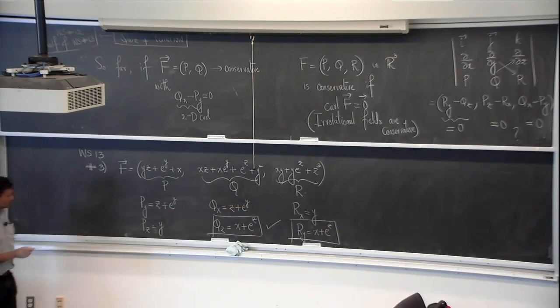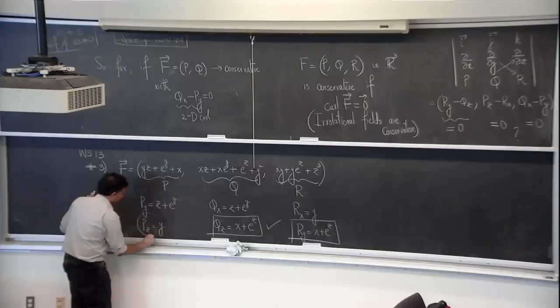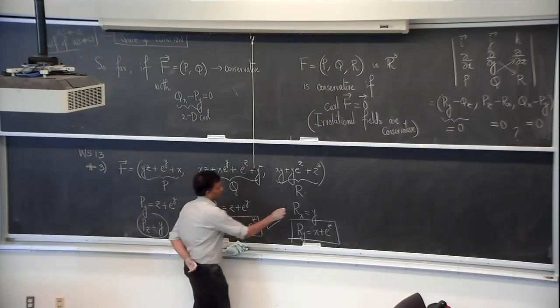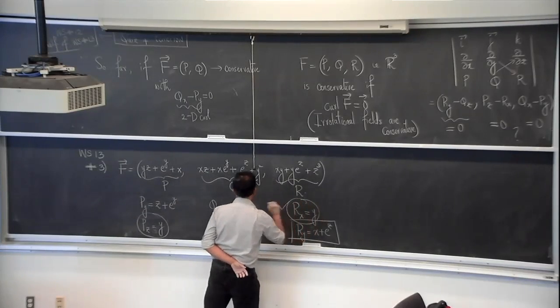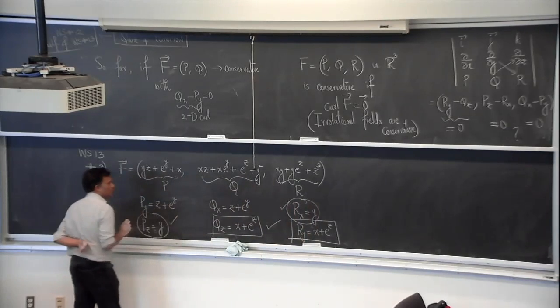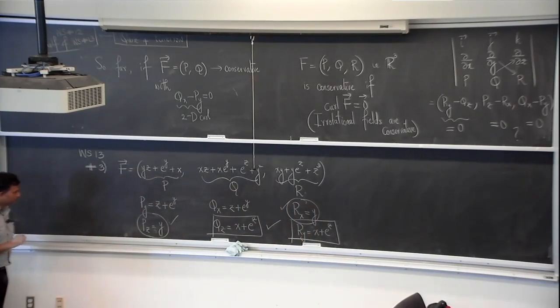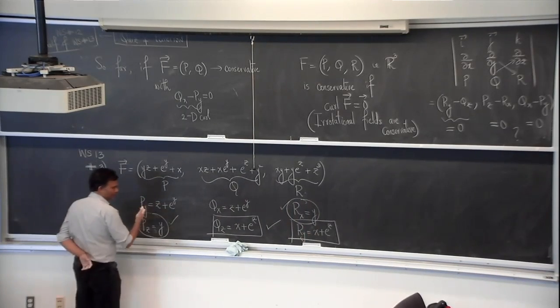Pz and Rx. All right. Something is not right here. Qx and Py. Yeah. Okay, I was looking at the wrong thing.